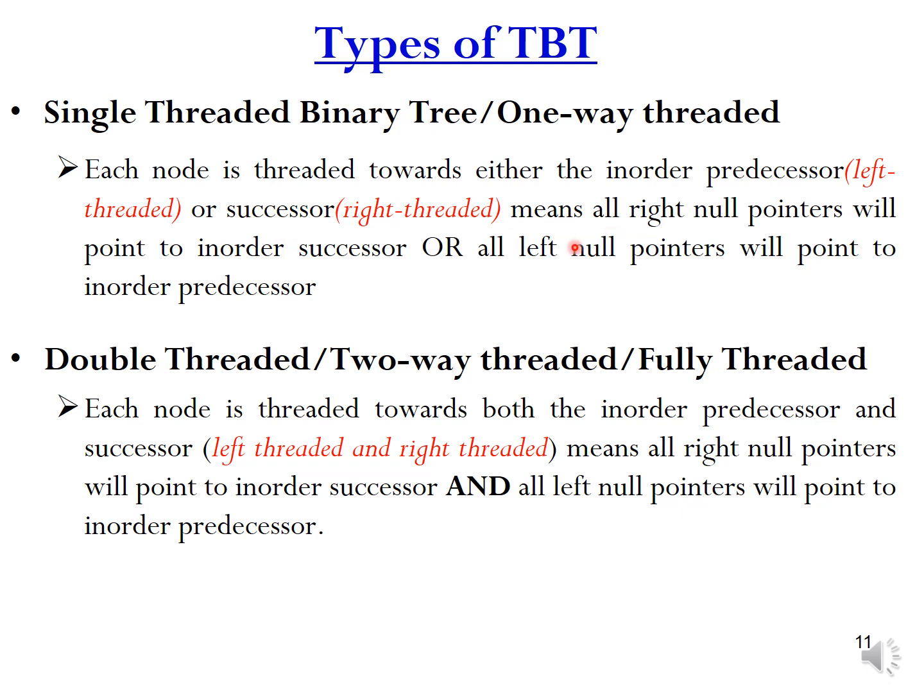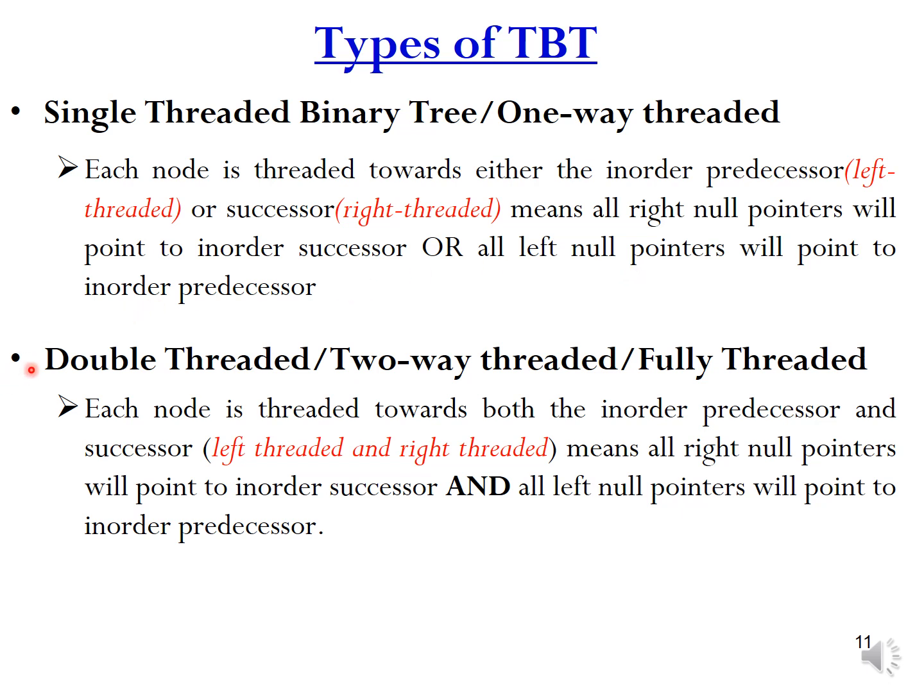This means all right null pointers will point to the in-order successor, or all left null pointers will point to the in-order predecessor. We can say these null pointers will point to the ancestors, which may be the in-order predecessor or the in-order successor.